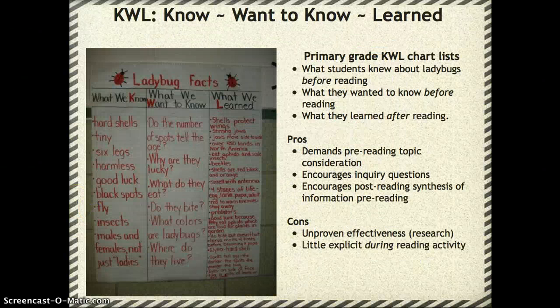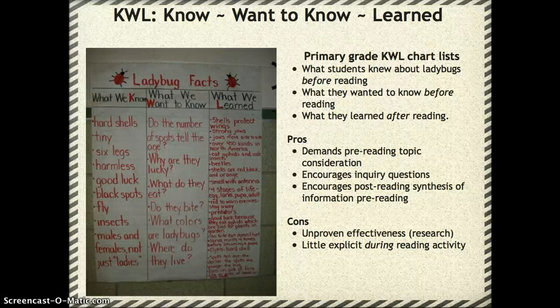The KWL method is also discussed in this article, and in the KWL chart we have what we know, what we want to know, and what we learned. This activates pre-reading in the what we know and what we want to know, and after reading in the what we learned part of the chart.